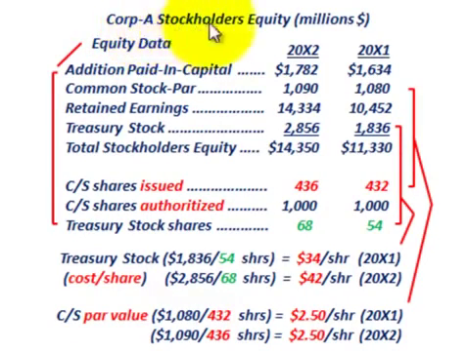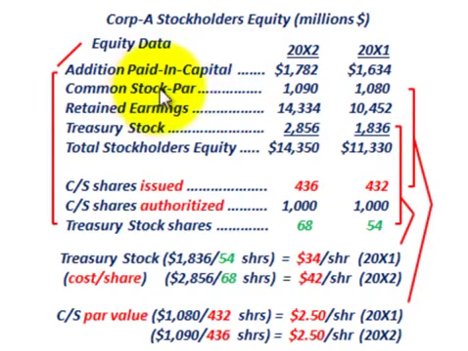It's for Corp A. This is the stockholders' equity. It's in millions of dollars or hundreds of thousands of shares. So we'll be looking at 2 years, 20x1 and 20x2. For stockholders' equity, we'd have the additional paid-in capital.